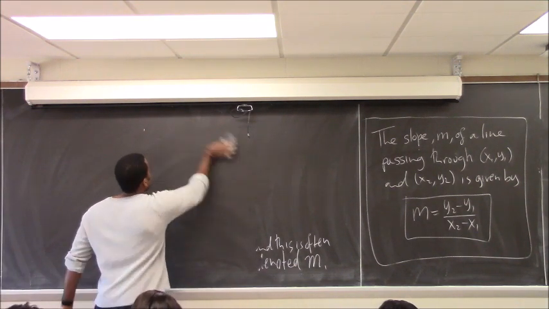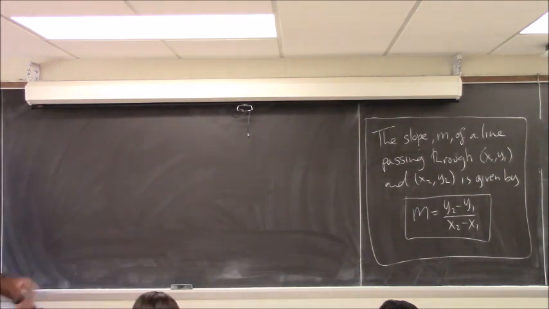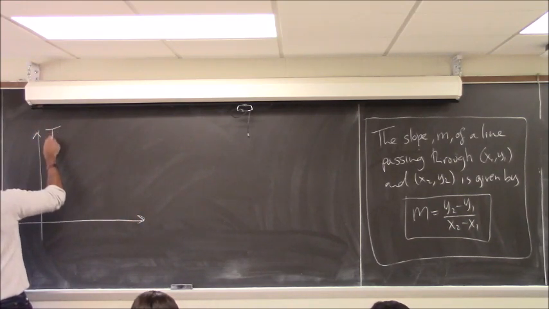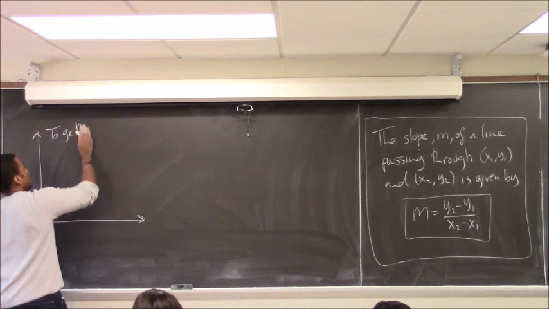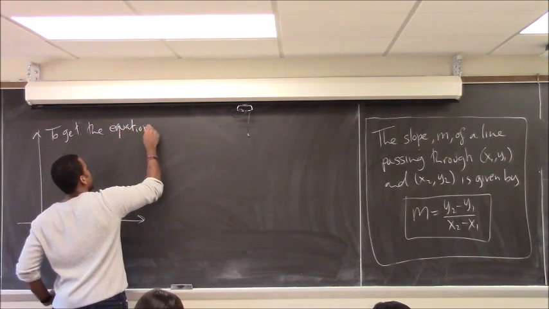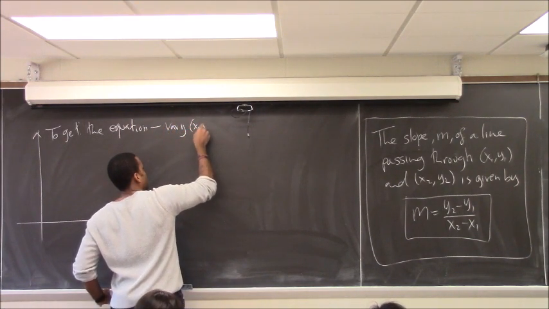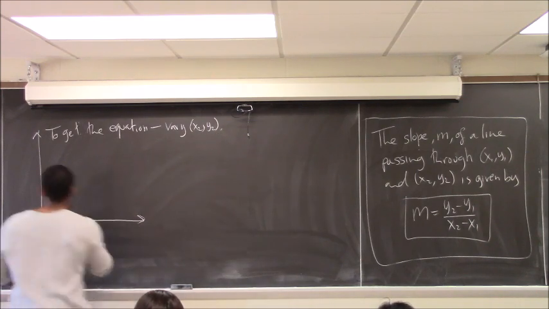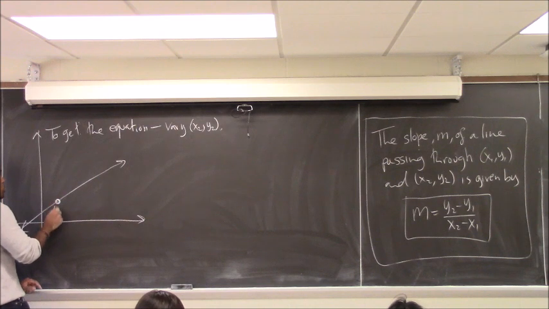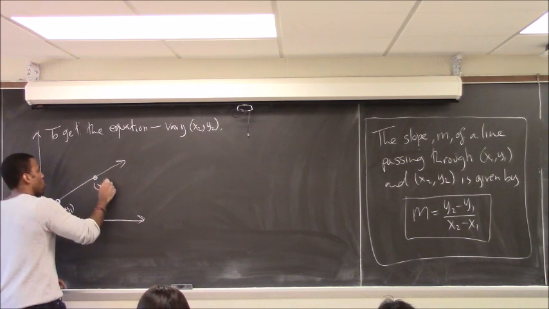How do we get to the equation of a line? Right, so to get the equation, what you do is you vary the x2, y2. So we have our line doing its thing. We fix 2 points, x1, y1, and x2, y2.